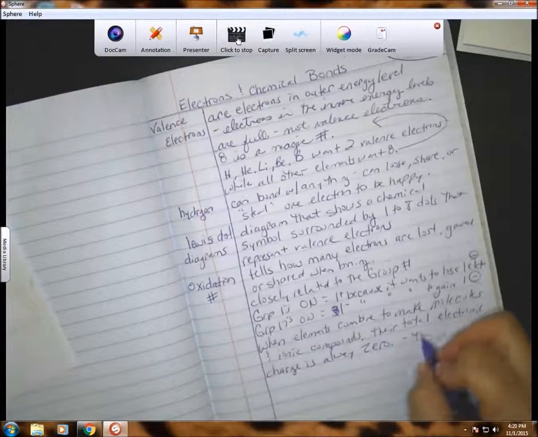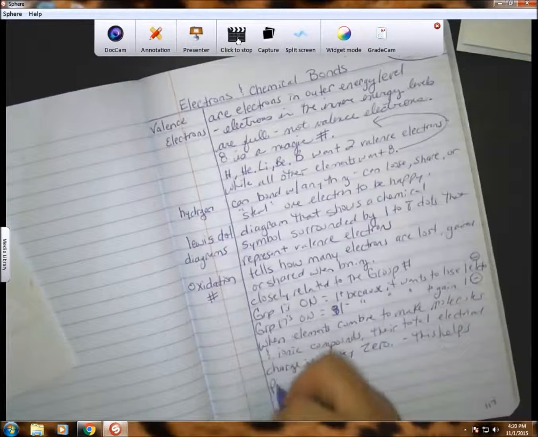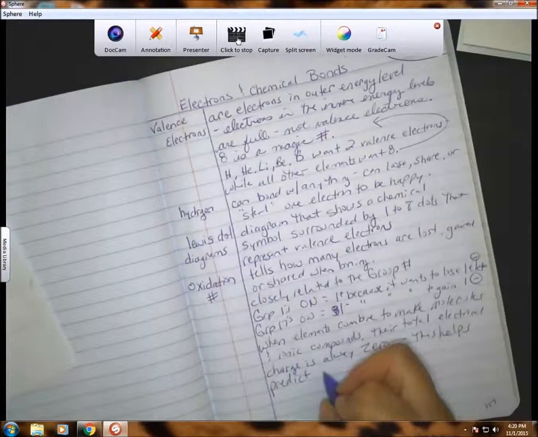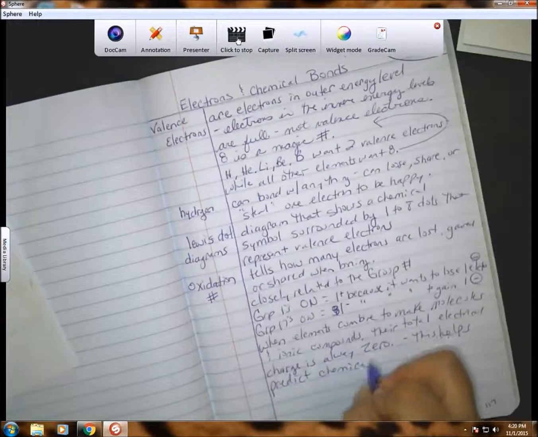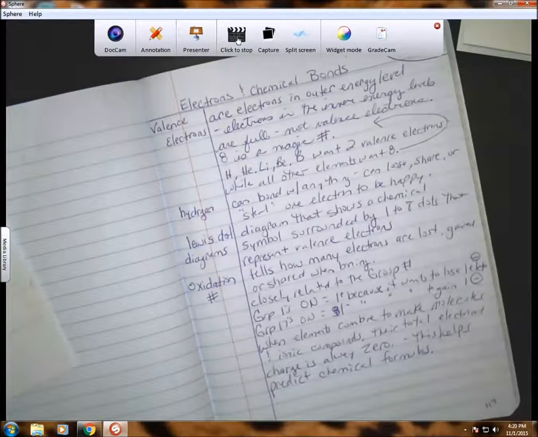This is going to help you predict chemical formulas. Okay.